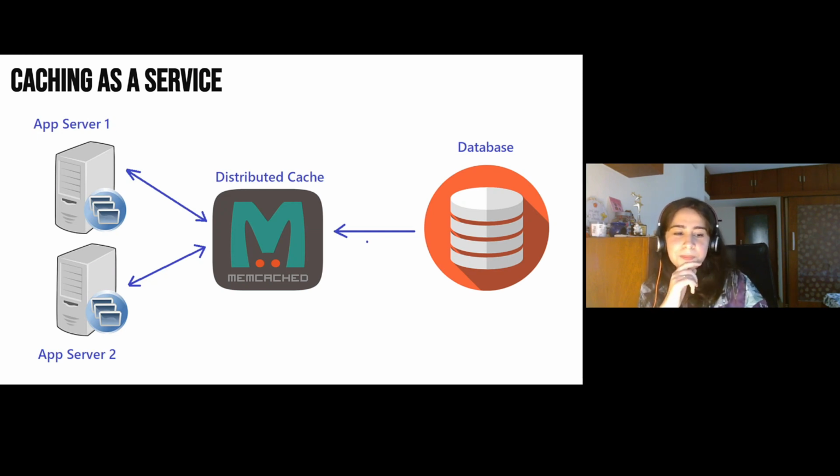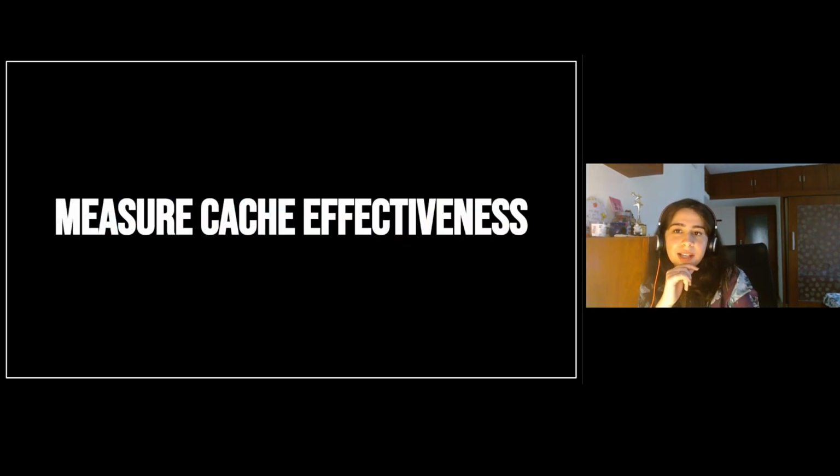Moving forward, another thing I wanted to discuss is measuring cache effectiveness. It is very important to have proper metrics around parameters like your cache hits, cache misses, and the latency, the time it takes to fetch something from the cache.